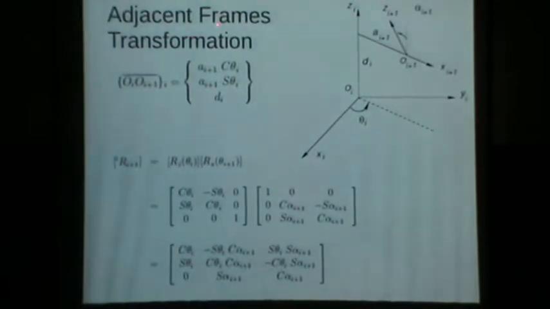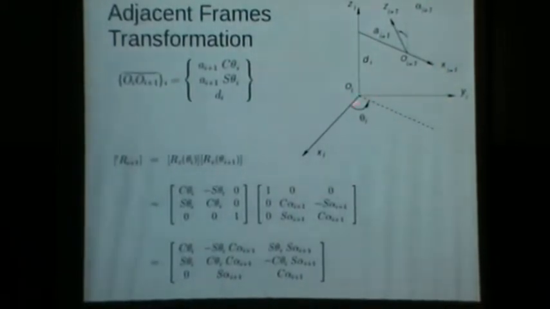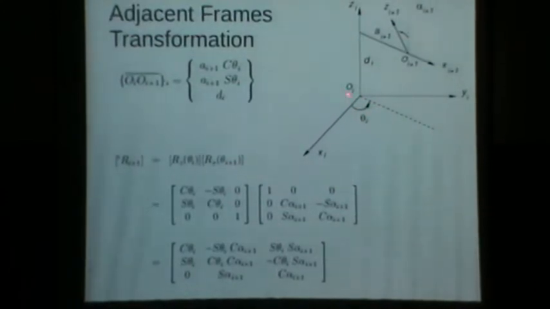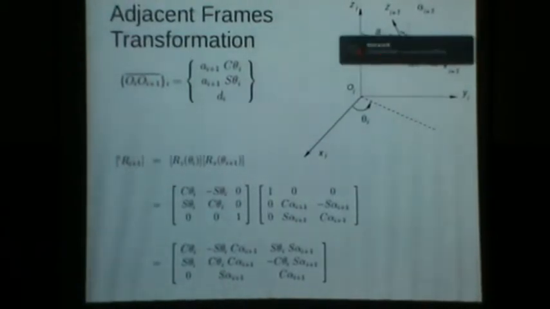If you look at this being the reference frame on the previous link, and this on the current link, and this the next link, that is x, z, and I haven't shown y. The parameters are this joint angle theta i, this length d i between these two links, and then along the link a i plus 1, the length of this link.